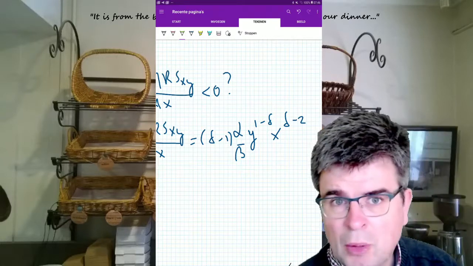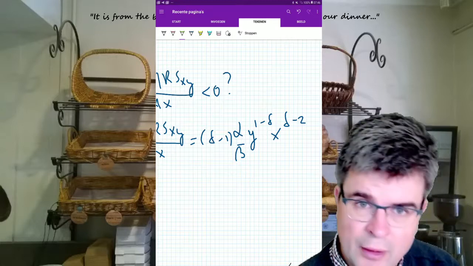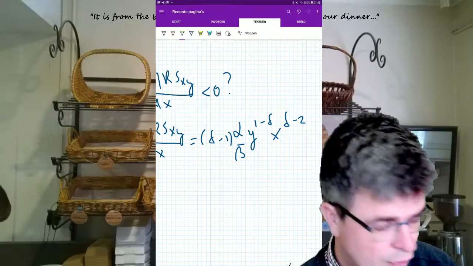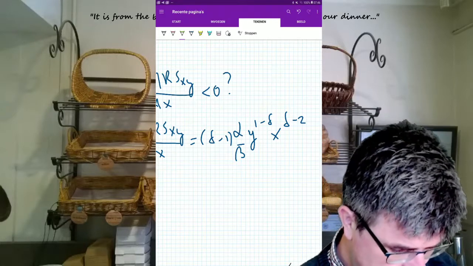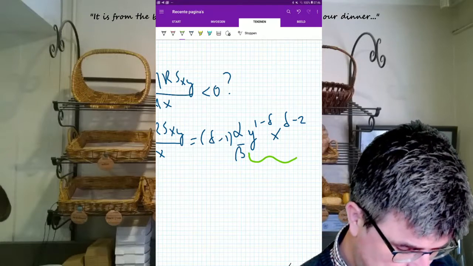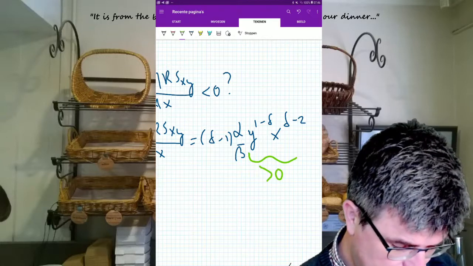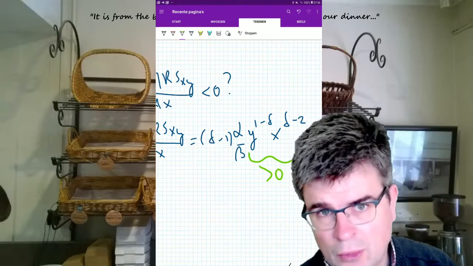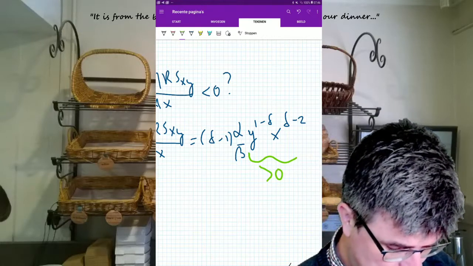Now, is this smaller than 0? We know that we need to have non-negative units of x and y. Suppose that we have an interior solution, and this one will be positive. Alpha and beta are also positive because we have a Cobb-Douglas.